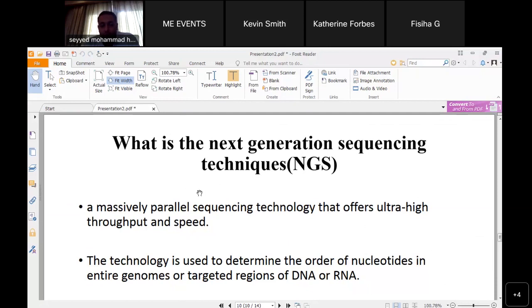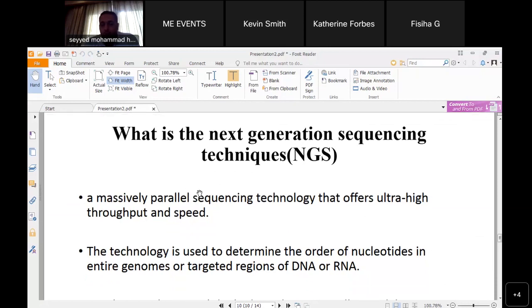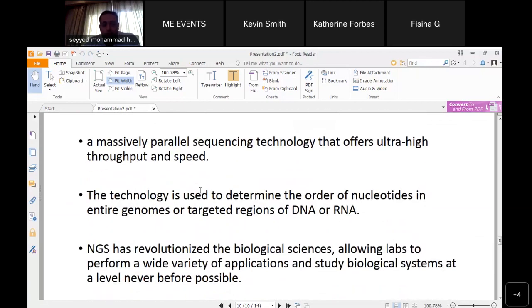The technology is used to determine the order of nucleotides in an entire genome or targeted region of DNA or RNA. NGS has revolutionized biological science, allowing labs to perform a wide variety of applications and study biological systems at a level never before possible.